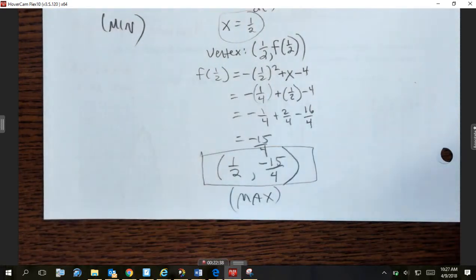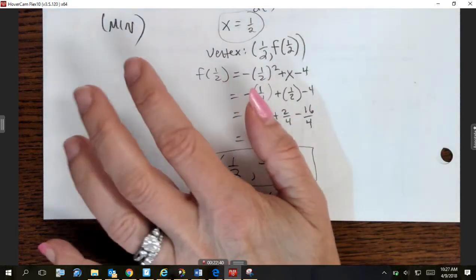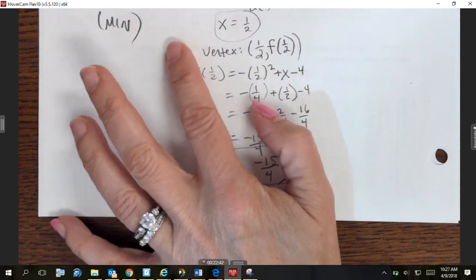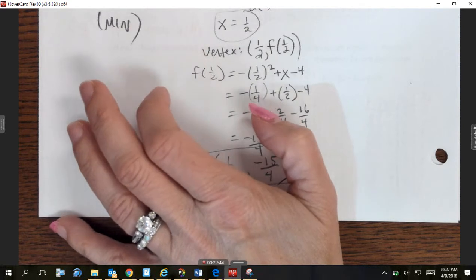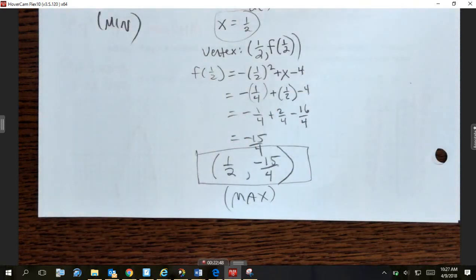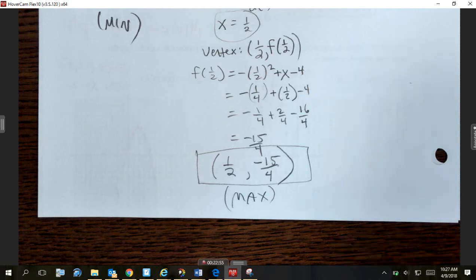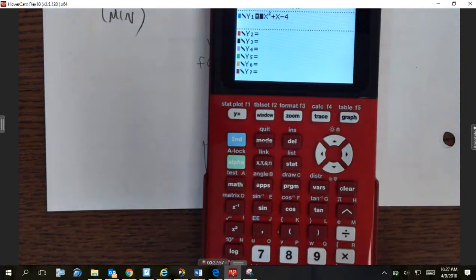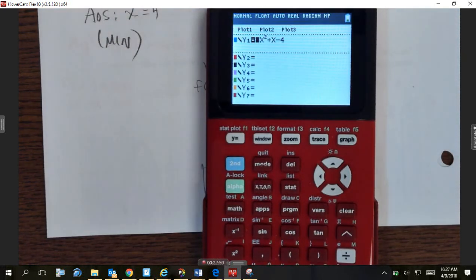Now, the reason we took our calculator out is because I want to show you how to find the vertex on the calculator, not because that's how you're finding it, but so you can check your answer. Because this was a fraction, and we just want to make sure it was right. So go ahead and take out your calculator, go to y equals, and type in the equation.